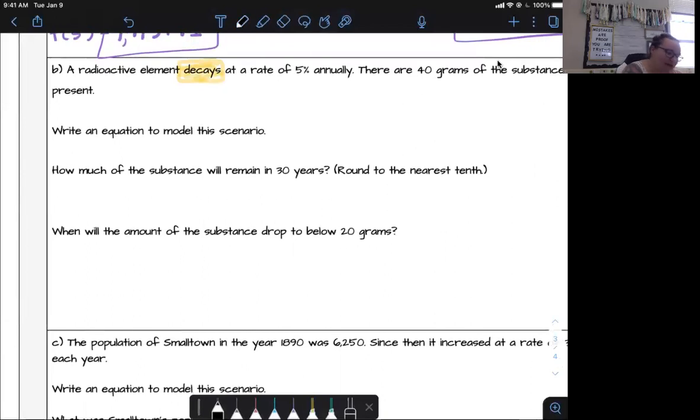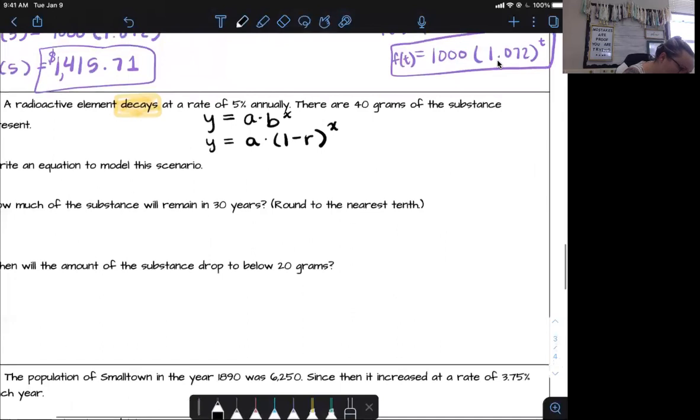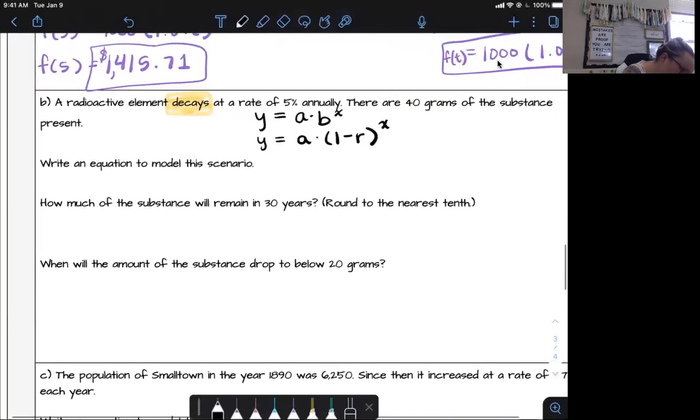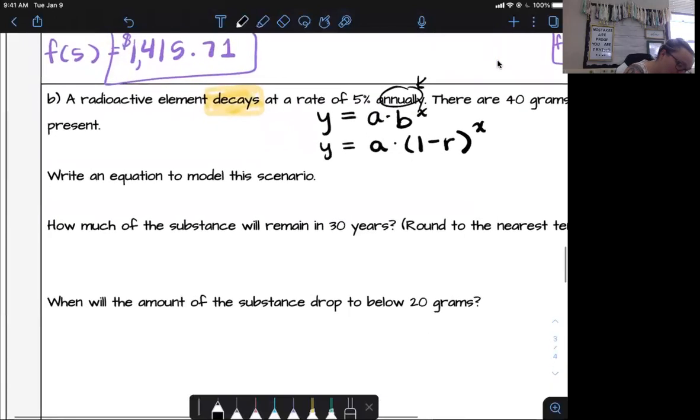And our function for that is y is equal to a times b to the x, where for your decay factor, you use 1 minus r. You subtract your rate from 1. Okay. And we're still talking about years annually, so we're still going to use t for time. So let's write our function.